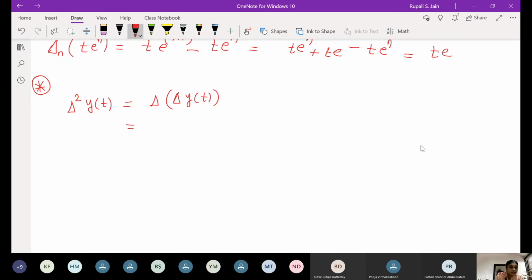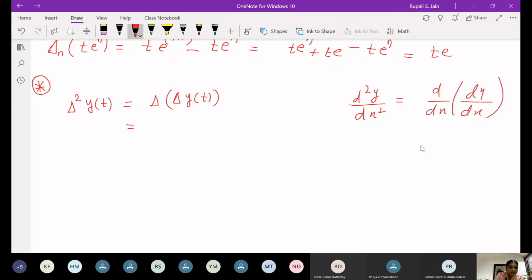It is like y double dash of x, which is nothing but d by dx of dy by dx. Here we write d2y by dx square. It is the same. Here it is the second order difference operator.